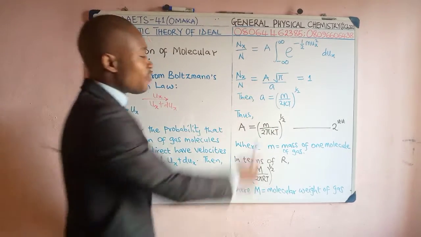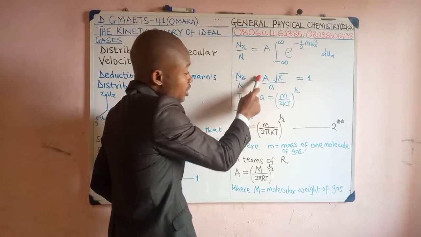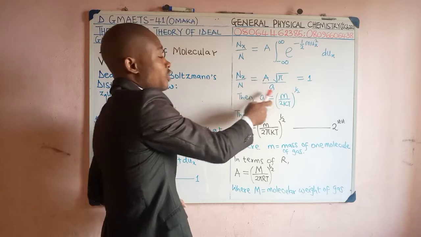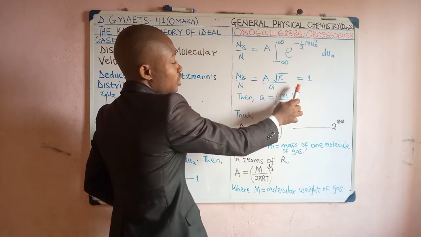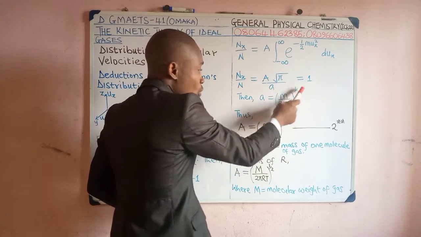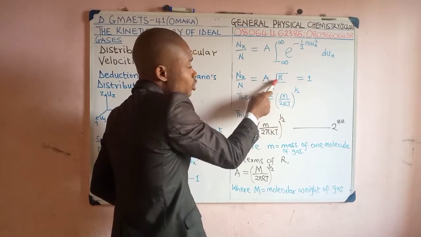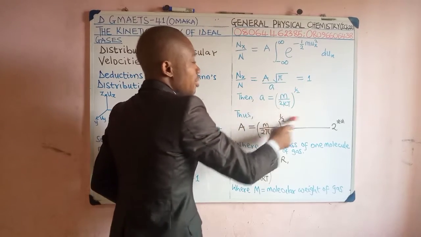How true is that? We know that this small letter a, this constant, is equal to this value. Solving this part of the equation, that is the pre-exponential factor times square root of pi divided by a, equal to 1, then this a, which has this value, will multiply this one, so that root pi will now be equal to this value of a.